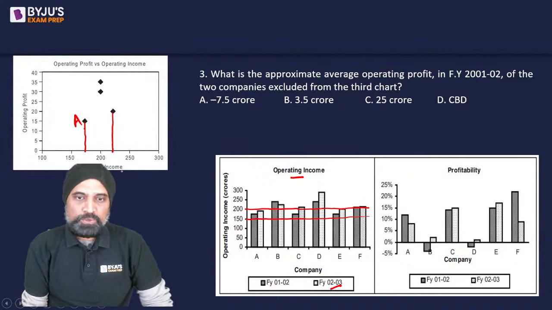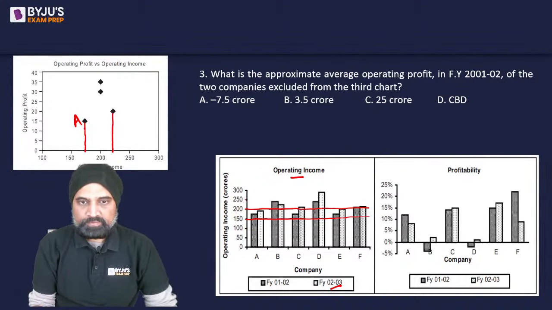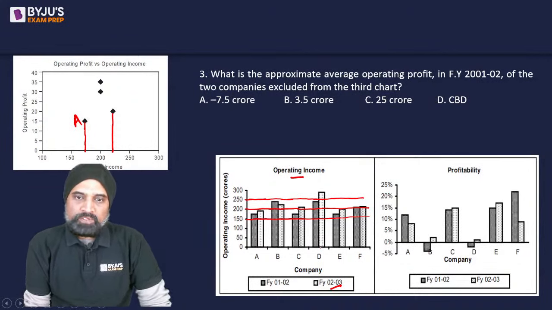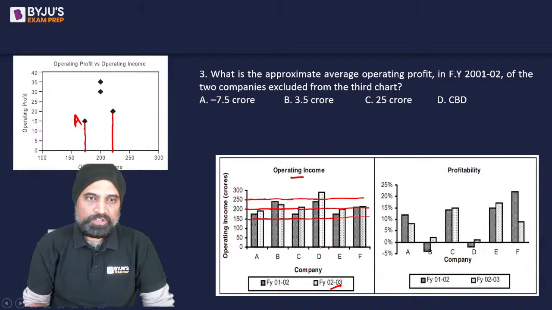Operating income between 200 and 250. Is it B or is it C? B is like 225 and C is closer to 200.